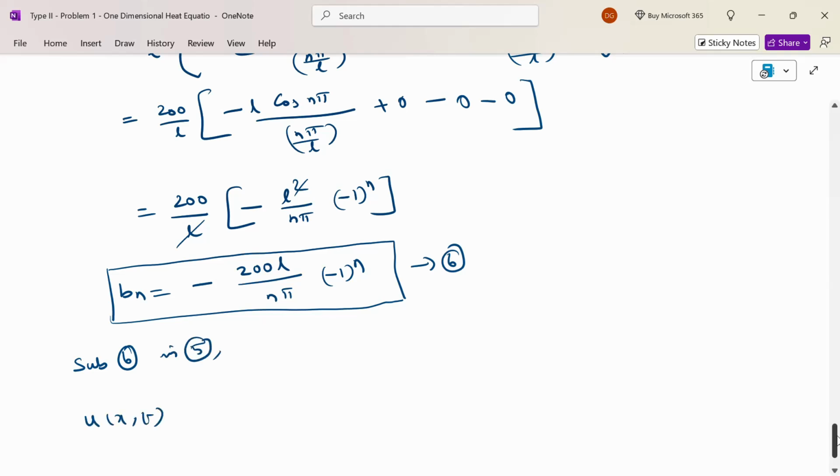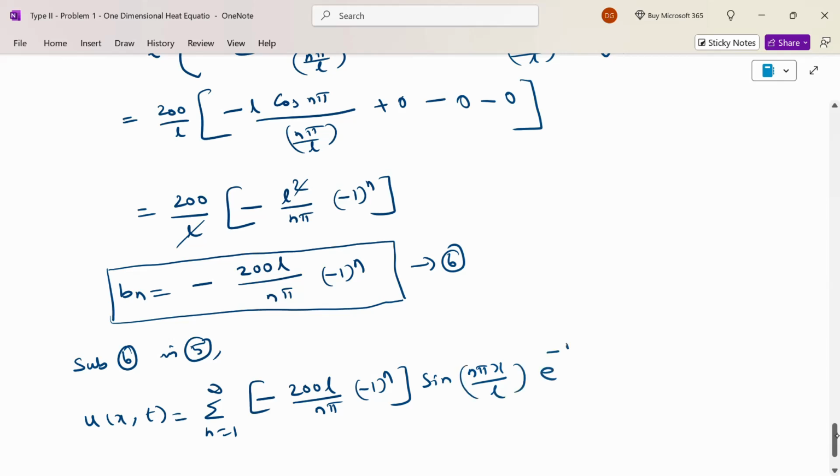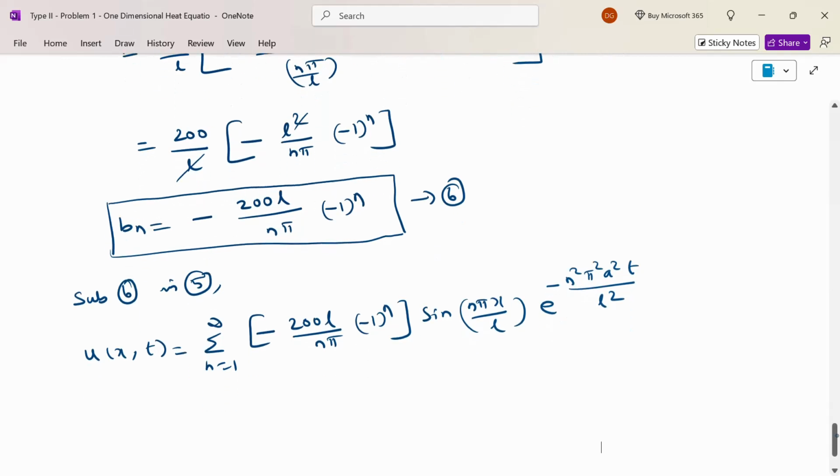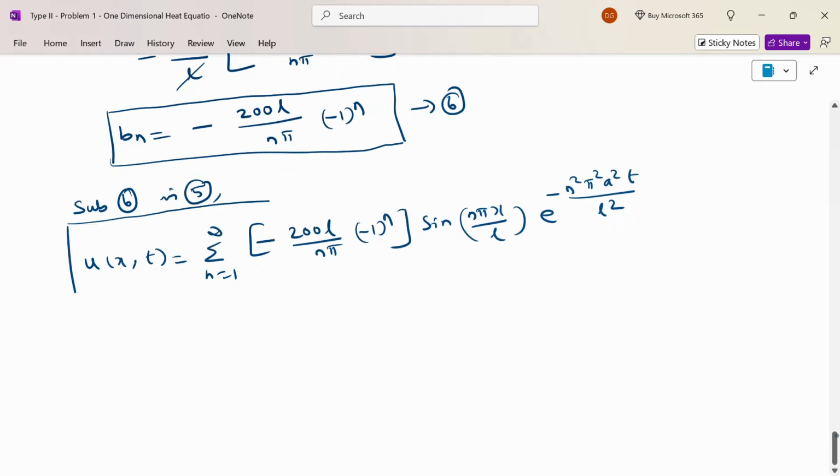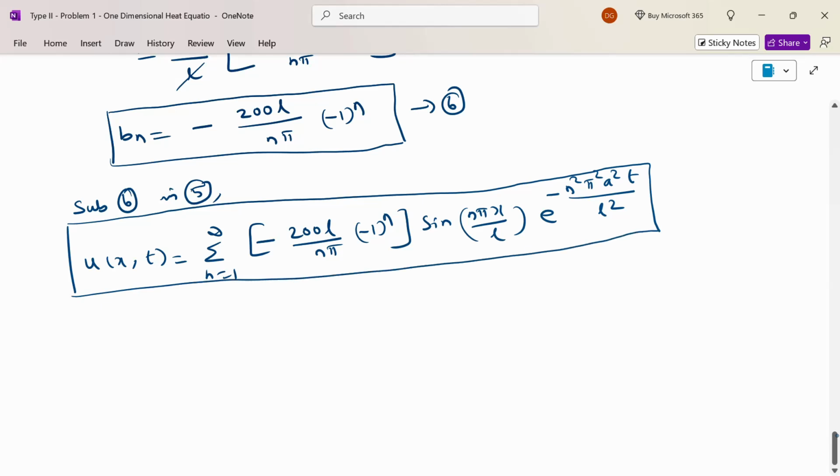U of x comma t equal to sum n from 1 to infinity, substituting the bn value, minus 200 L by n pi, minus 1 power n, into sin n pi x by L into e power minus n square pi square a square t by L square. So this is our final equation, U of x comma t. Thank you.